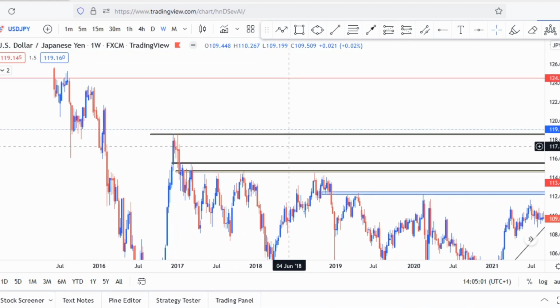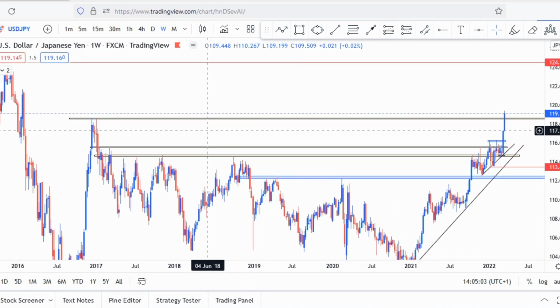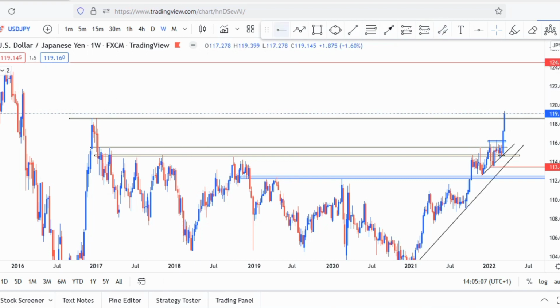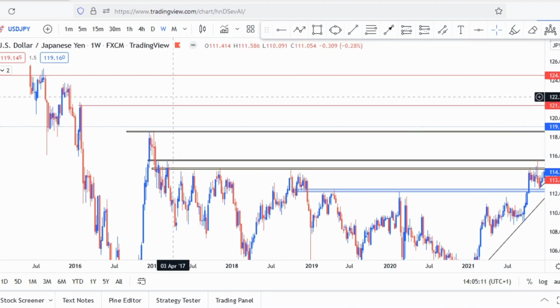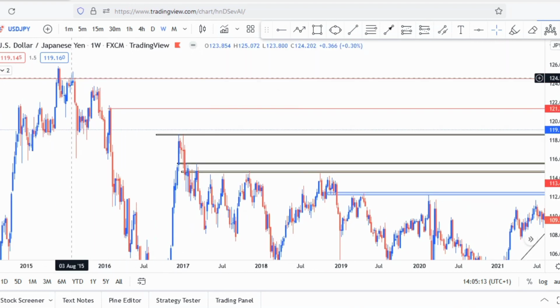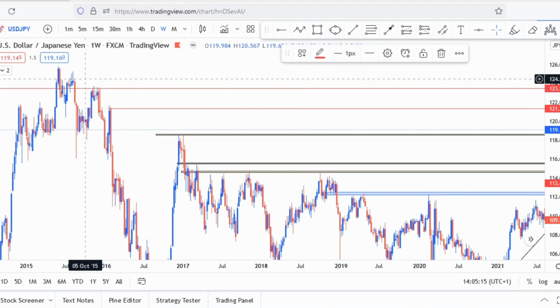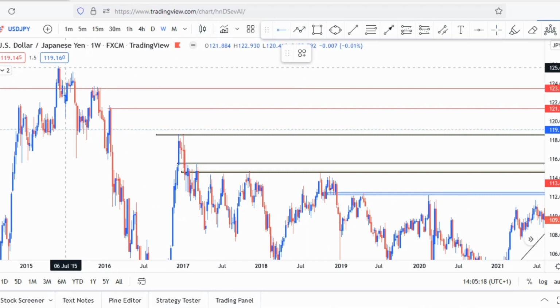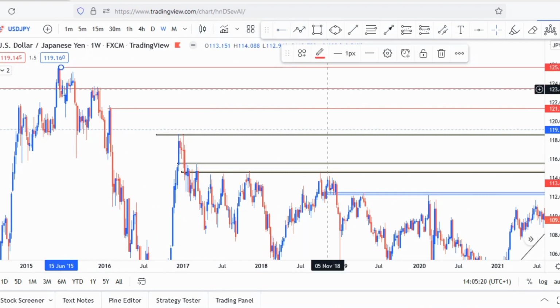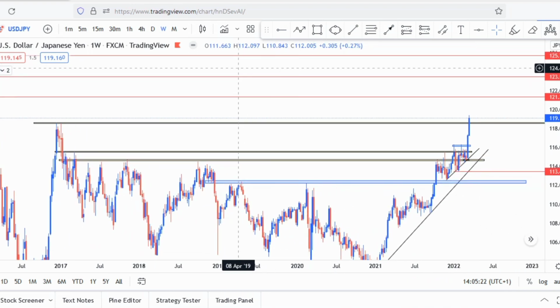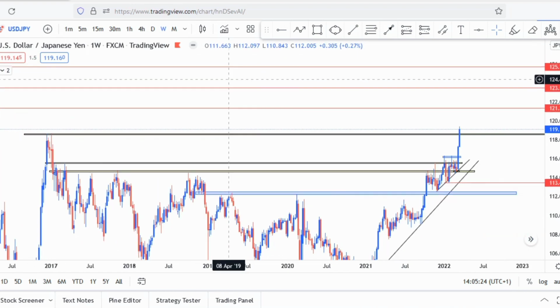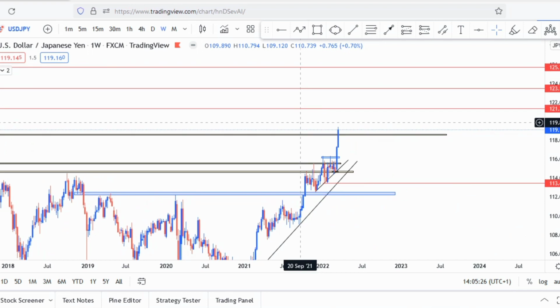So what I'm expecting now is for price most likely to continue to the top. On the weekly time frame, we can see that there is another resistance level here as well, and then another resistance level just about there as well, and then a final one here. So these are areas that we'll be looking out for. We'll be looking to capitalize on when price gets to those areas.